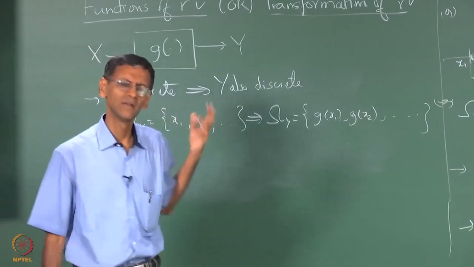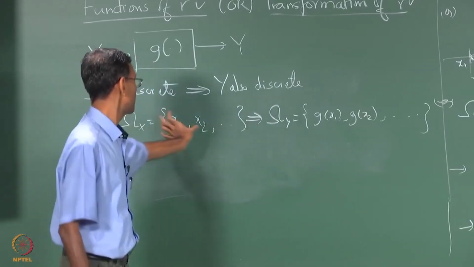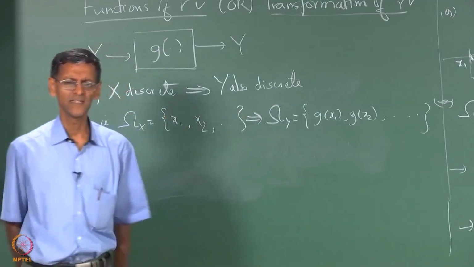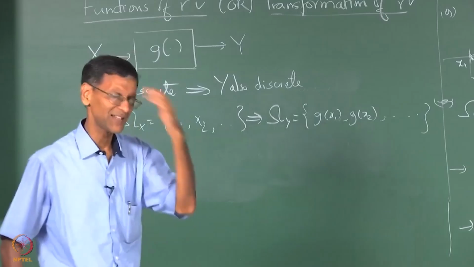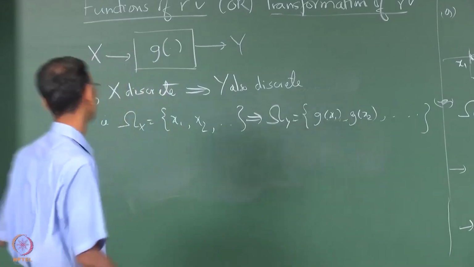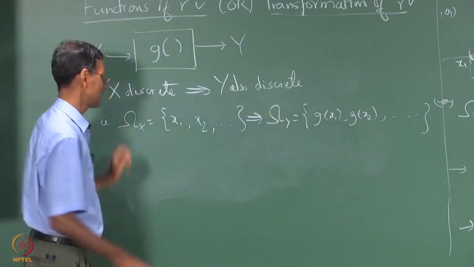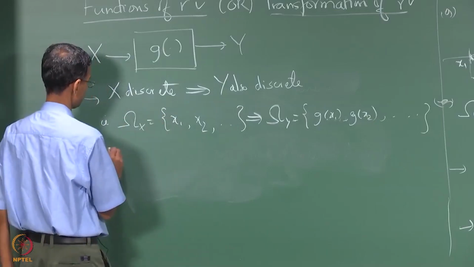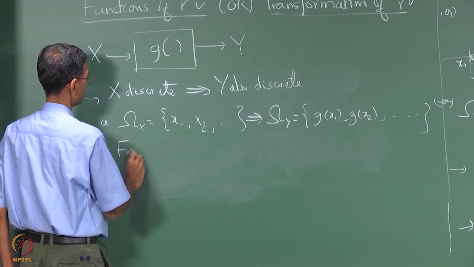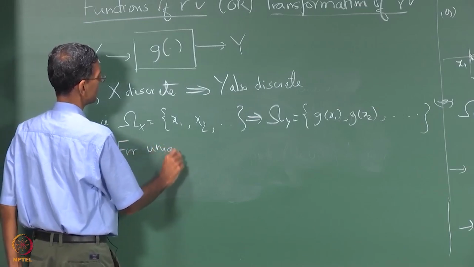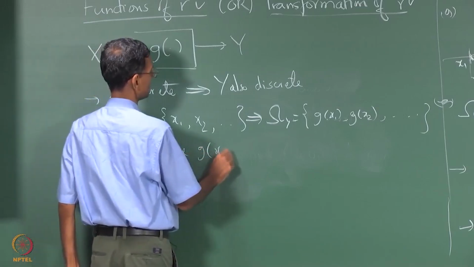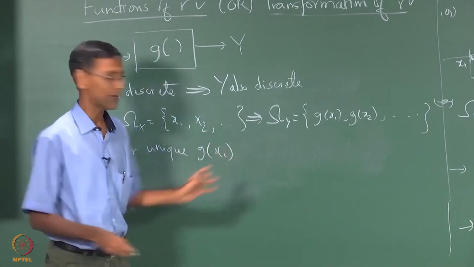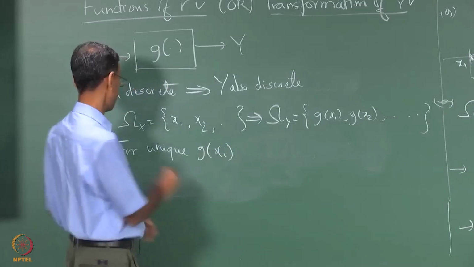One to one on this set, injective. So supposing g of xi is unique, in the sense that g of xi is not equal to g of xj for any i not equal to j, that is what I mean.